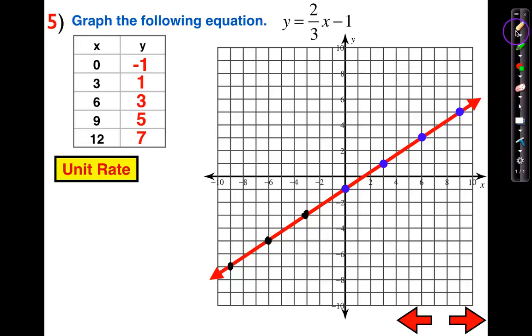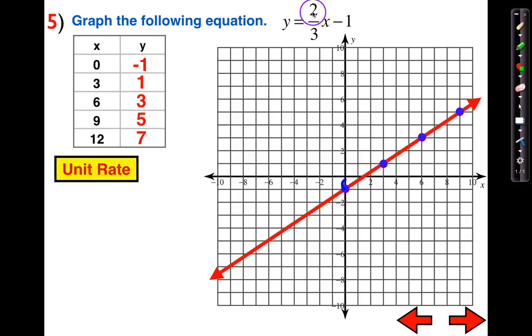So now real quick, let's take a look at our unit rate. A friendly reminder, a unit rate is for each x. Okay, so in this case, what is happening for each x? Notice it's going from here to here, so it's not a full unit. It's less than that.